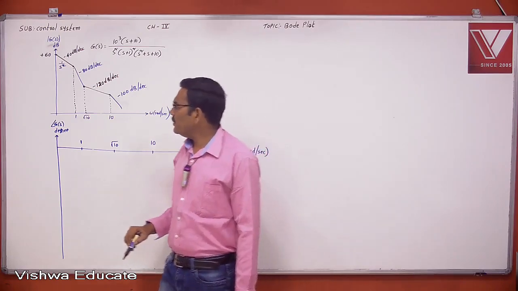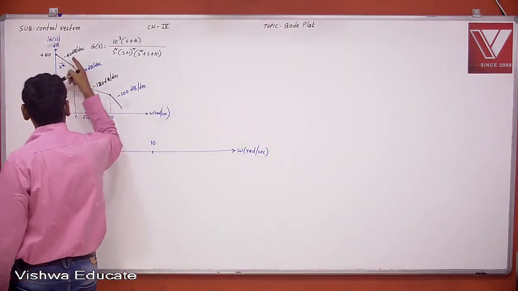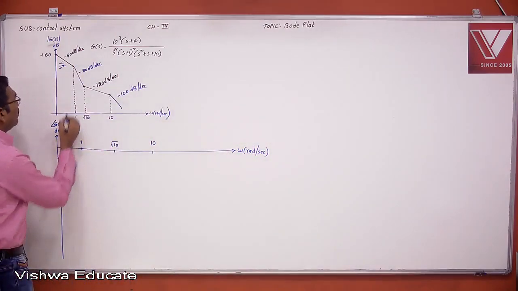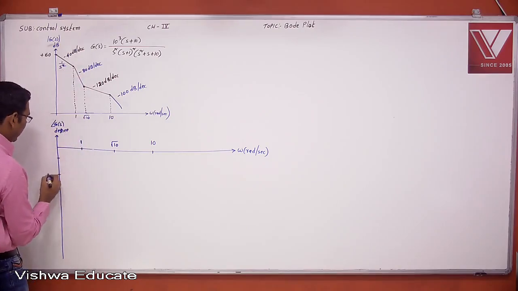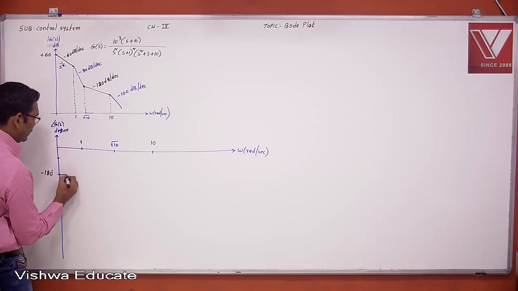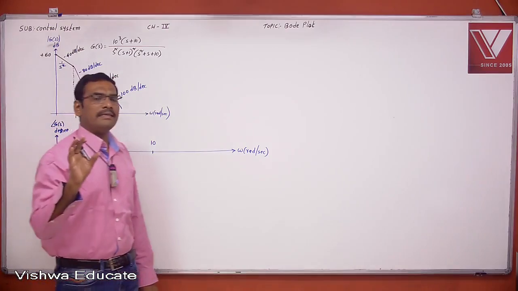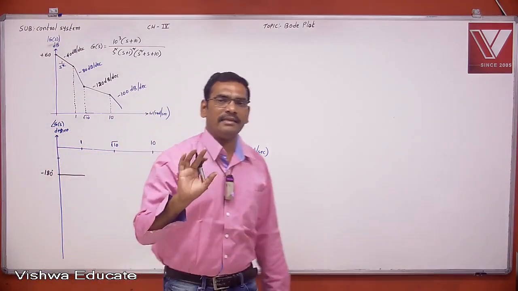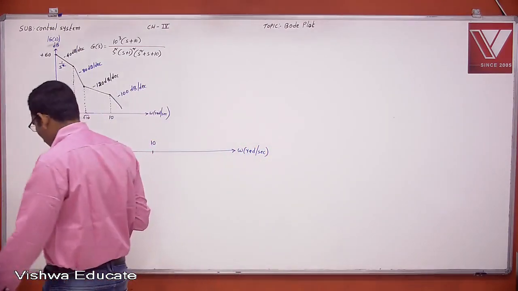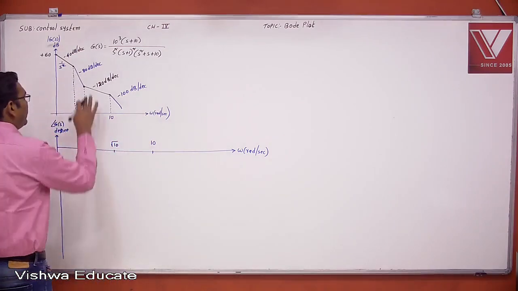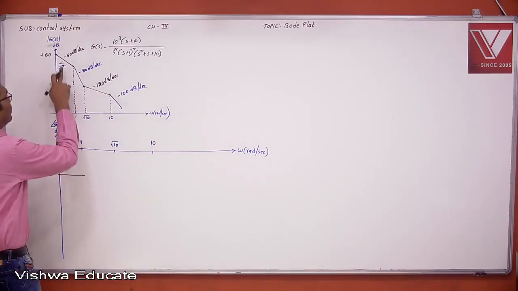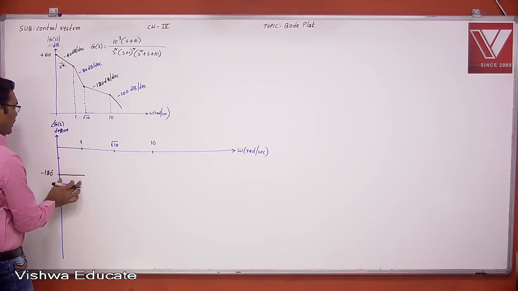Minus 40 dB per decade is nothing but minus 20 means minus 90, so minus 40 means again minus 180 degrees. You know that minus 20 means minus 90 degrees and plus 20 means plus 90 degrees, so count how many minus 20s and plus 20s you can identify. So minus 40 means minus 180 degrees.